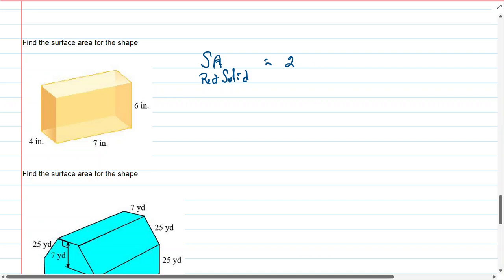So we're going to stick that in our calculator. It's pretty easy here. I'm pretty sure I haven't turned on my calculator yet. So I'm going to have 28, 24, and 42 times 2. All right.